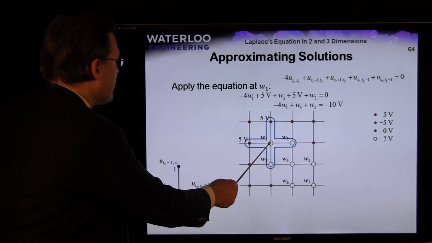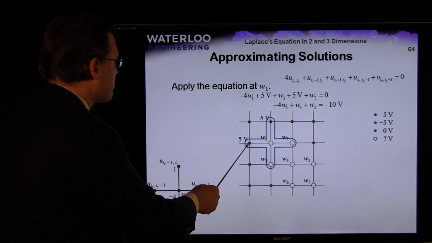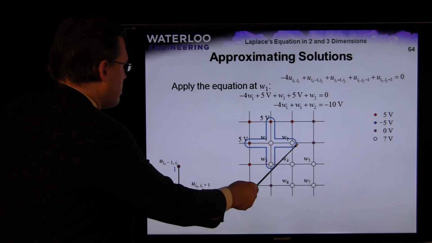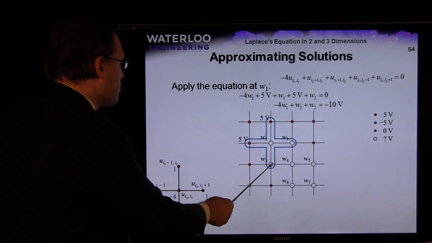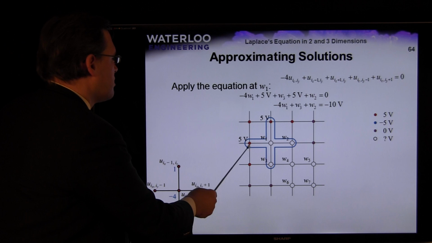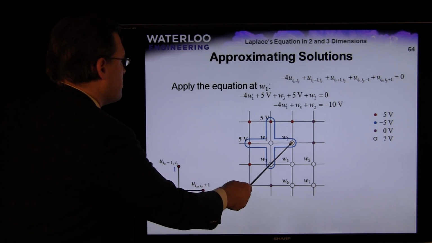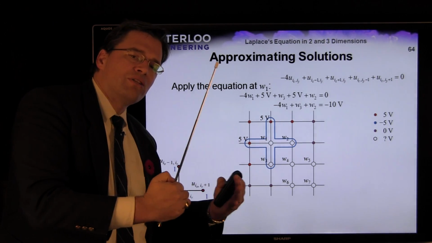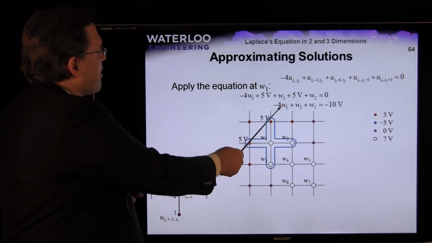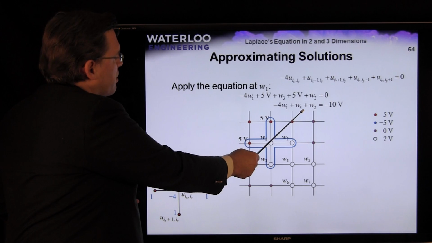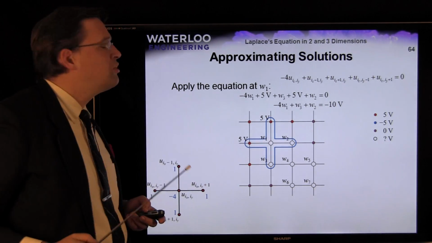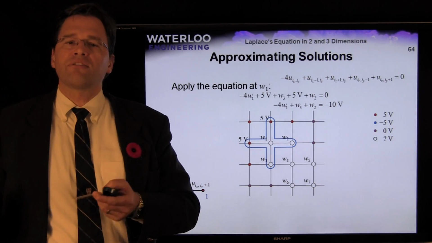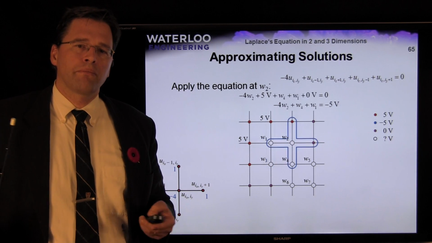So that's going to be negative 4 times W1 plus 5 volts, plus 5 volts plus W3 plus 5 volts plus W2. We can bring the two constant terms onto the right-hand side, and that gives us negative 4 times W1 plus W3 plus W2 equal to negative 10 volts. There's our first equation.